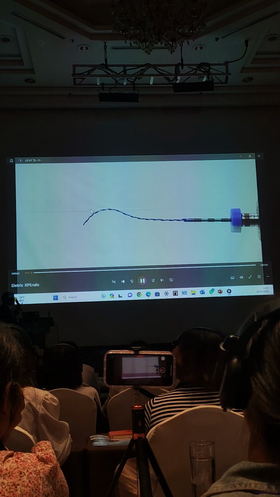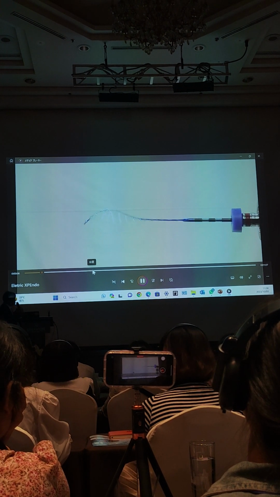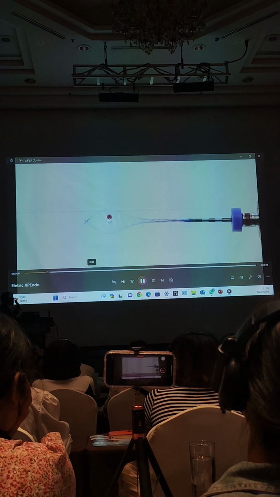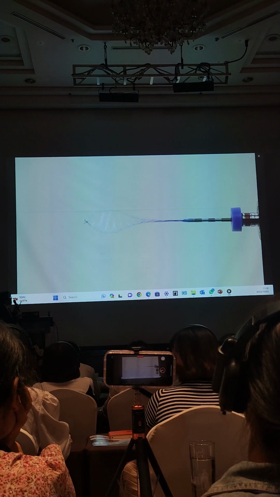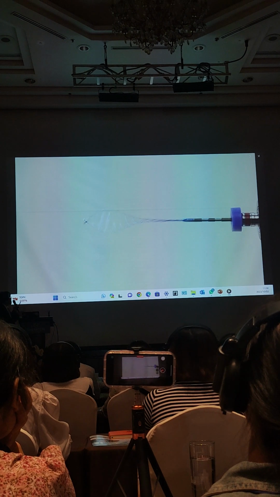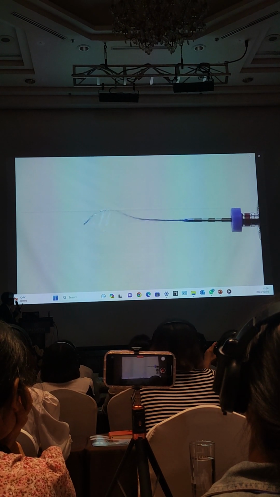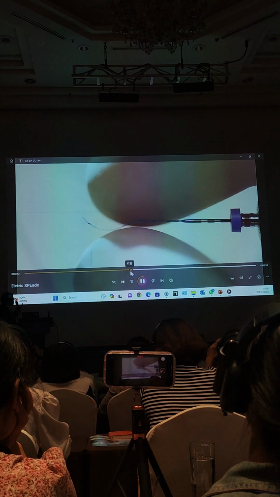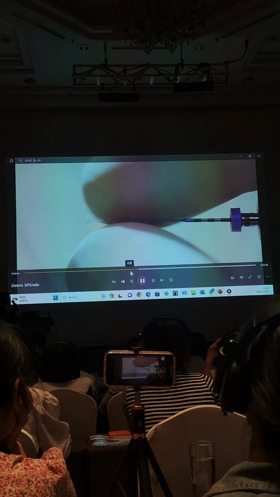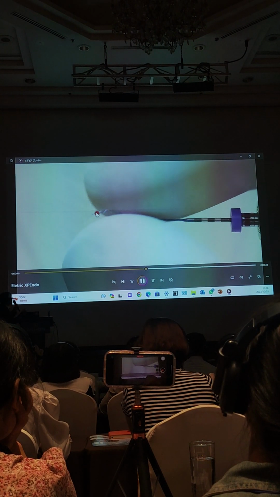So this is the XP Finisher. If you rotate like this, it will expand to 3 millimeters. So any gutta-percha within 3 millimeters around the apex can be removed or can be dissolved like this. If the apical foramen is small, don't worry, it will expand beyond the apical foramen like this.